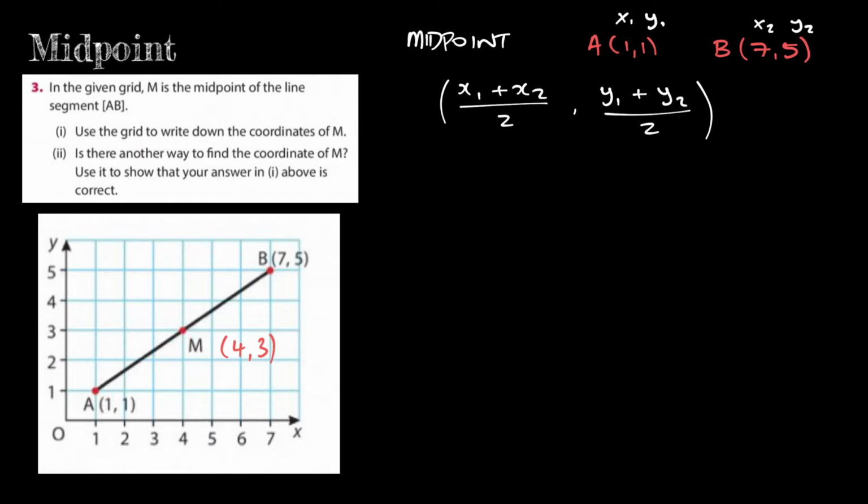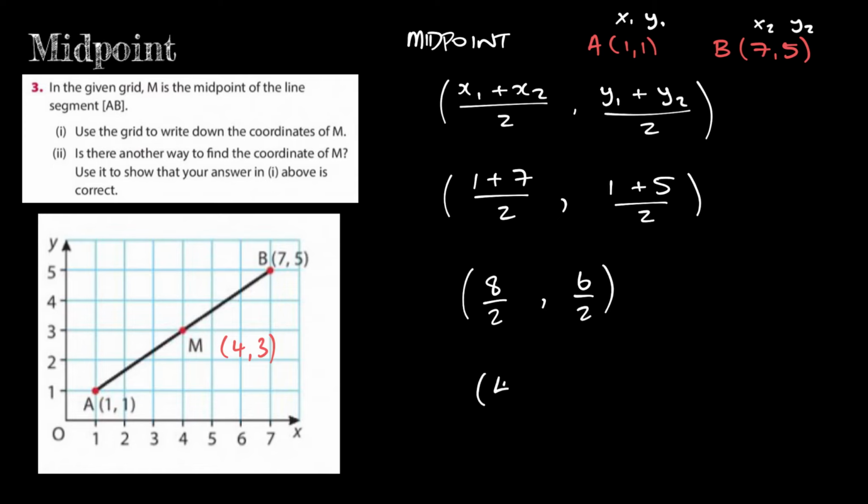Instead of x1, I can write 1. Instead of x2, I can write 7. Instead of y1, I can write 1. Instead of y2, I can write 5. And that will give me 8 over 2, comma, 6 over 2, which gives me an answer of 4, comma, 3.